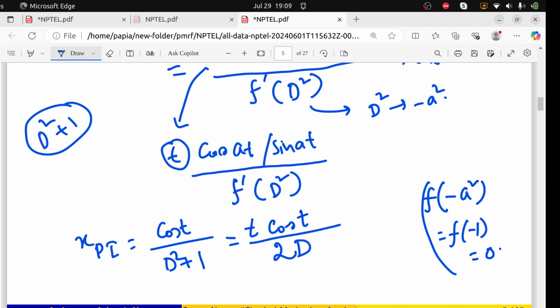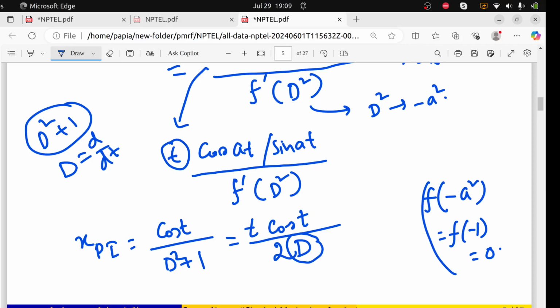Okay. Now, if it is a D square, and what was D here? D was d/dt, the derivative with respect to t, right? So we know that derivative is the inverse of integration, and integration is the inverse of derivative, right? So here our derivative is in the denominator.